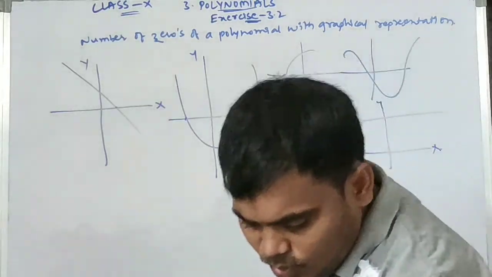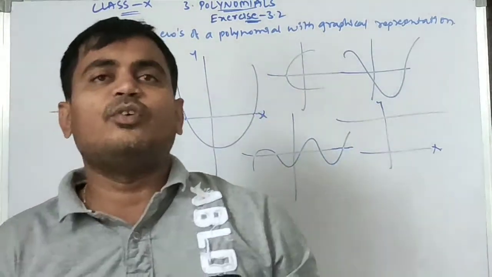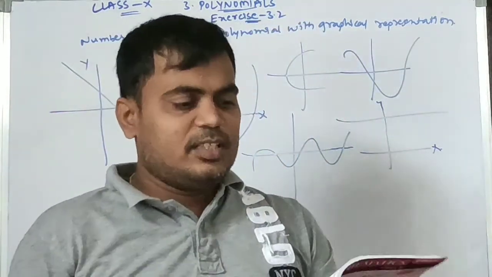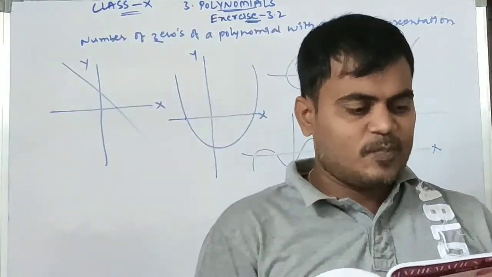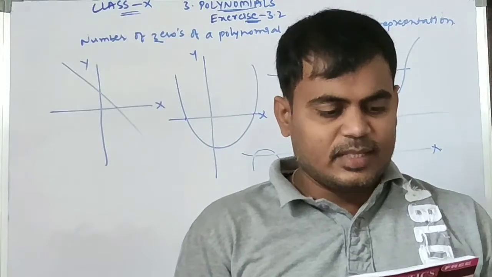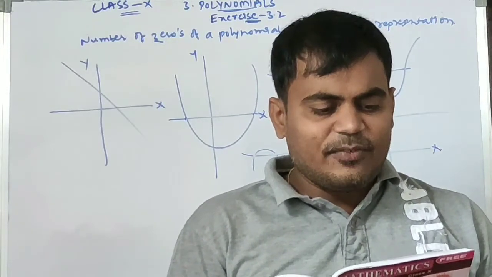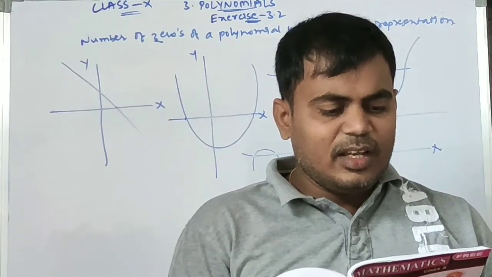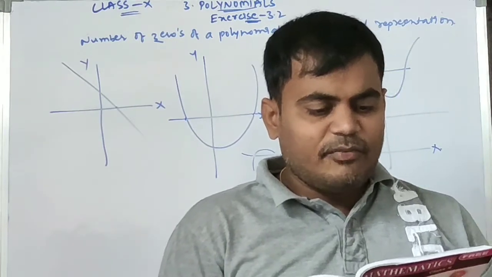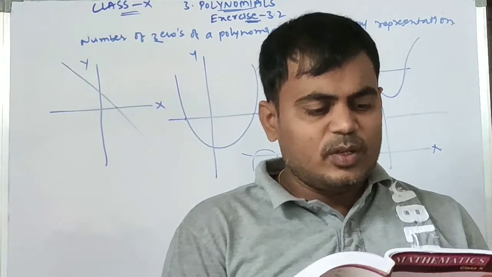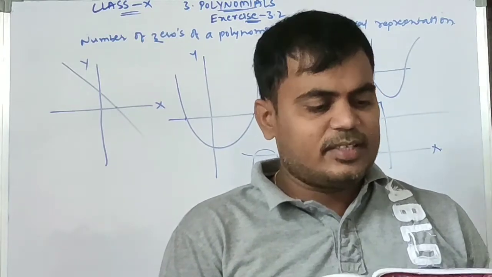Okay. Now open page number 64. All of you open page number 64. First question. The graphs of y equal to p of x are given in the figures below for some polynomials p of x.